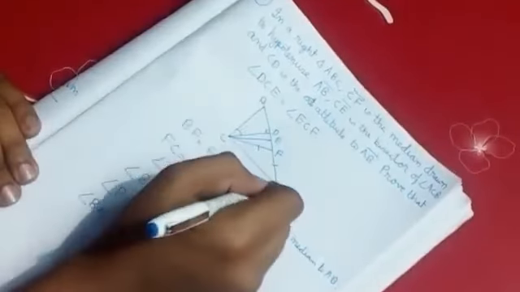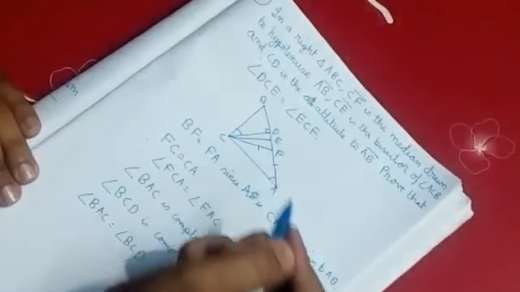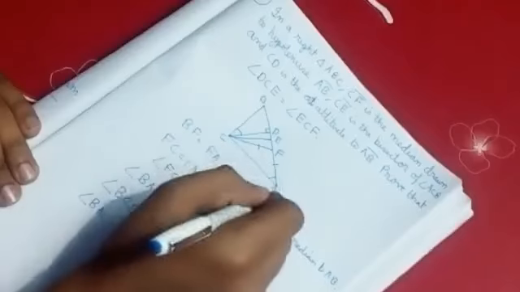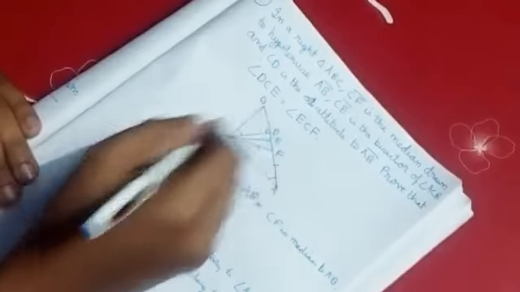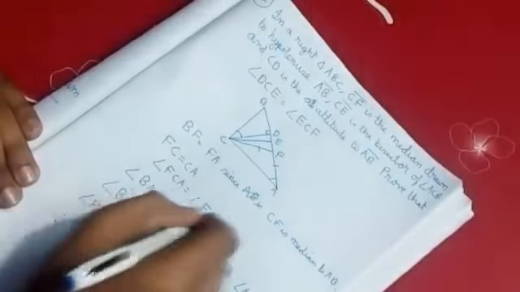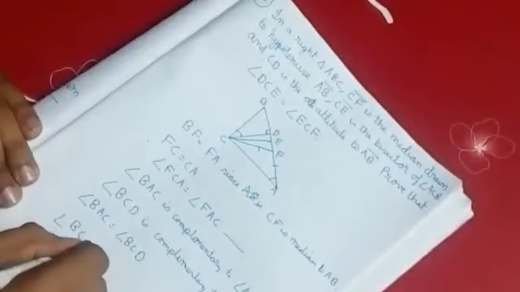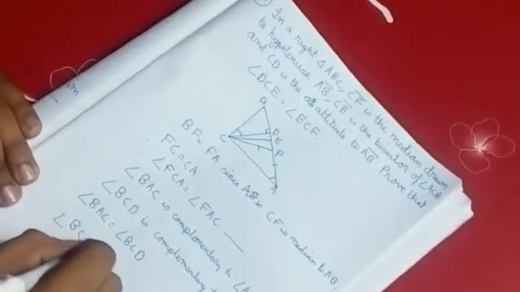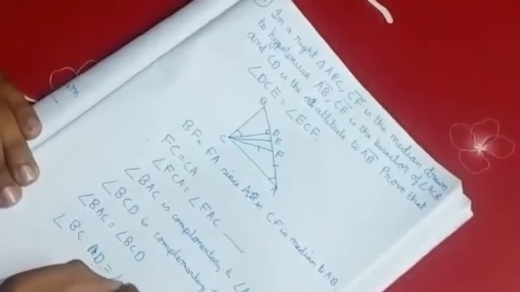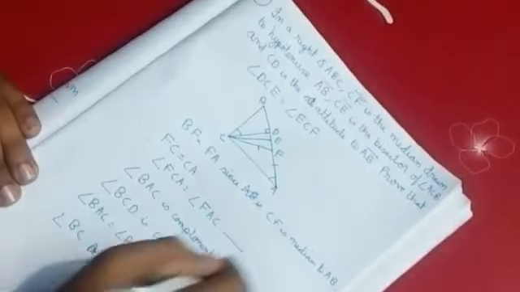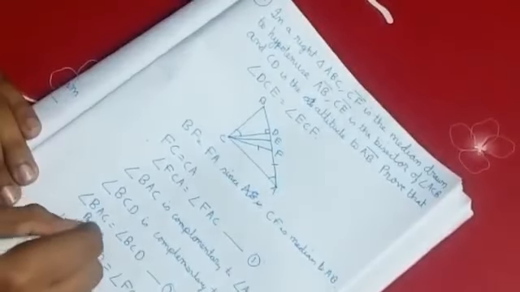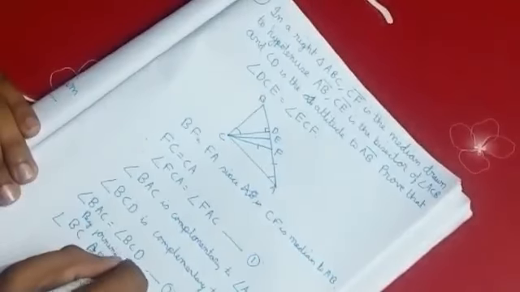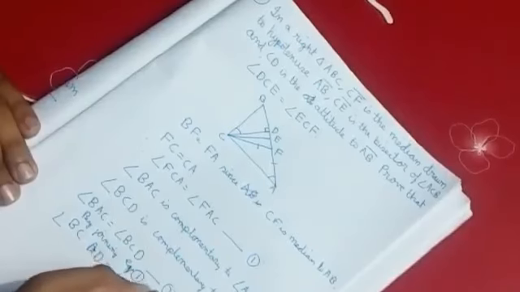Hence, this angle is equal to this angle. And since CAB is equal to FCA, therefore angle BCD is equal to angle FCA by joining equation 1 and 2.